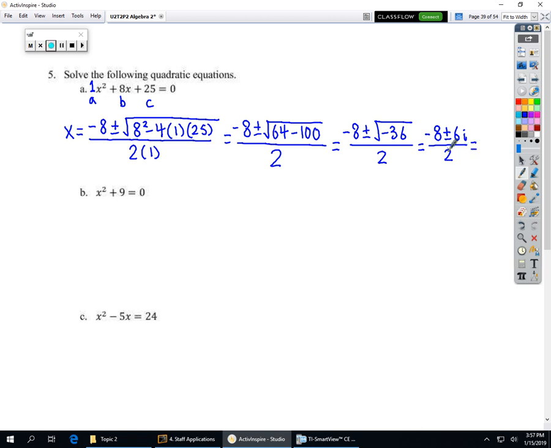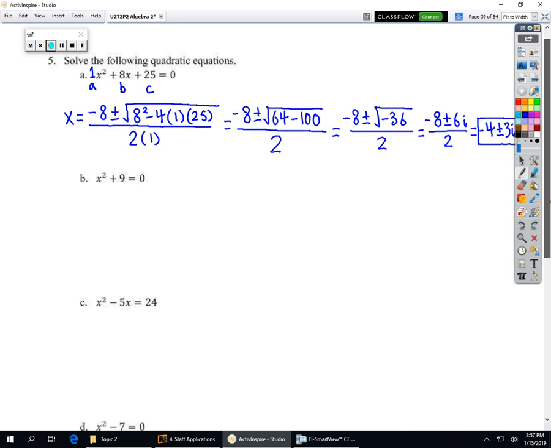However, if you want to divide it out, you can. 8 divided by 2 is 4. 6 divided by 2 is 3, 3i. So this is the most proper way to write your answer. You don't have to do this, but it's the prettiest way. There you go. So negative 4 plus or minus 3i.